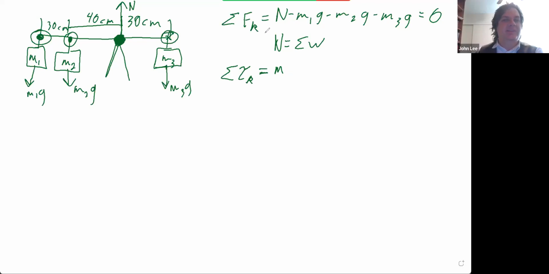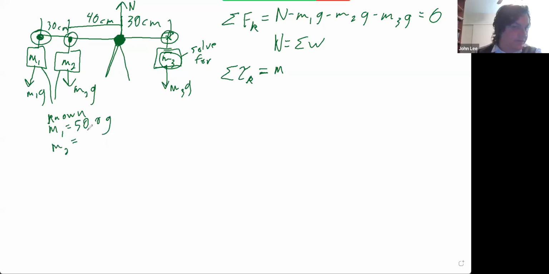So we can just ignore normal force altogether when we're trying to solve for M3G. We're trying to solve for M3. And then these two are known. M1 equals 50 kilograms, M2 equals 75.0 grams.